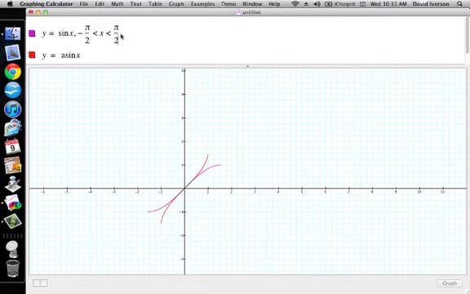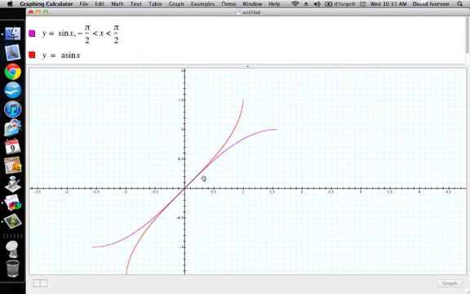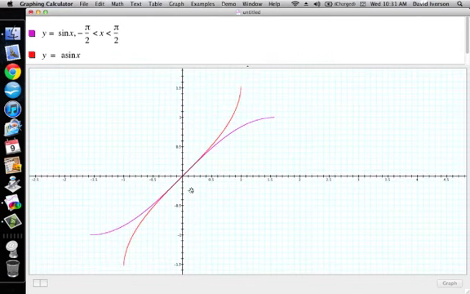So what this is saying, as we've talked about with domain and range, is that the function y equals sine of x only has an inverse over the restricted domain of negative pi over 2 is less than x is less than pi over 2. Beyond that, I can't find the inverse of it.